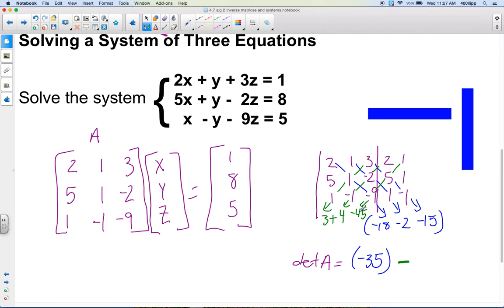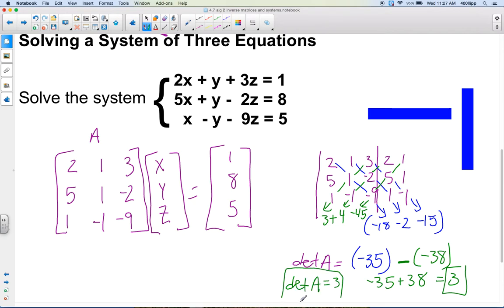So adding all of these up, that will give me a negative 38. So minus a negative 38. So this is negative 35 plus 38, or 38 minus 35, is going to give me a determinant of 3. Okay, so now we have the determinant. The determinant of A is 3.